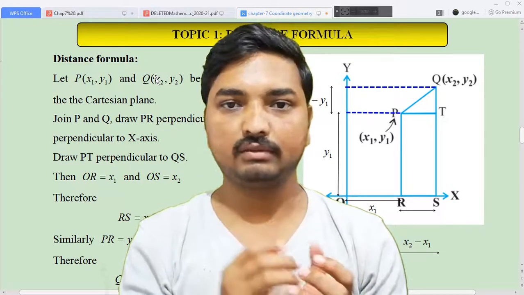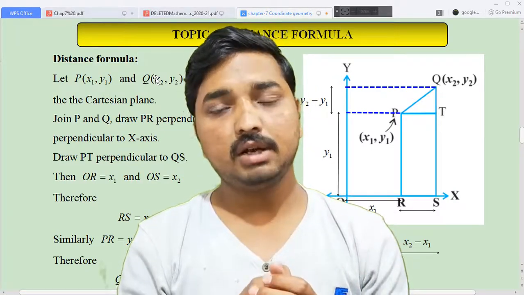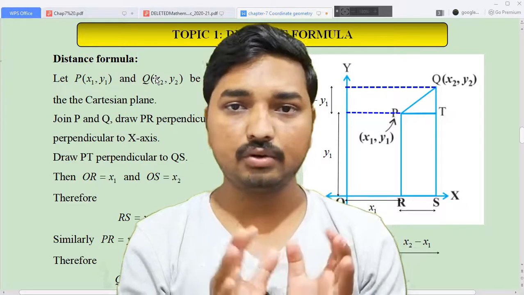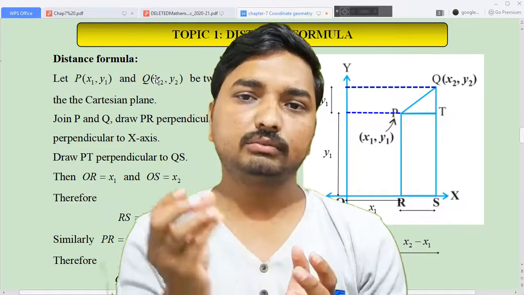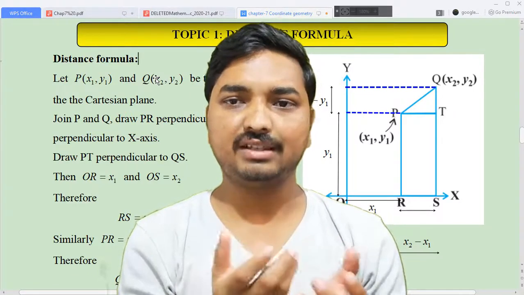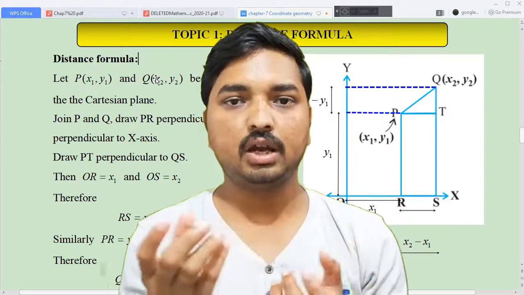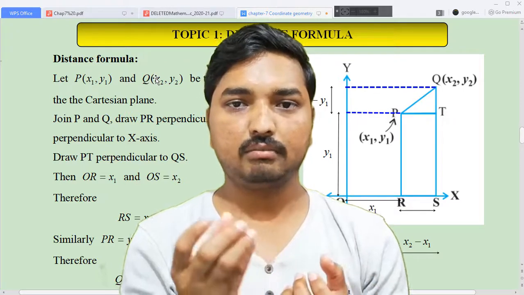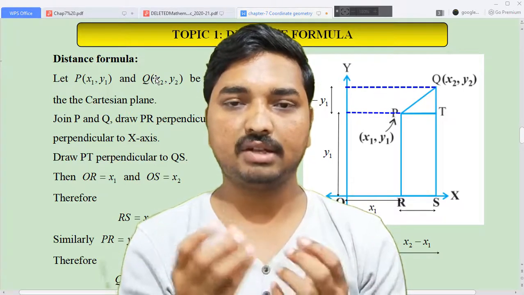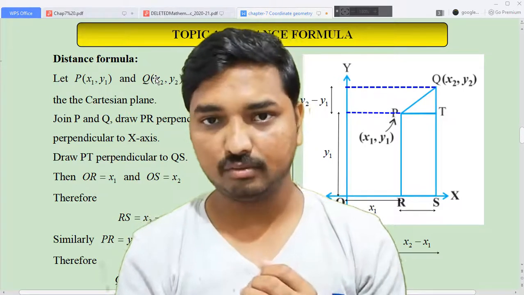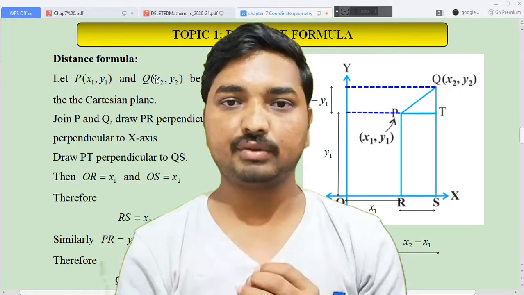But in this chapter we are not going to deal with it like that. Measuring with instruments is very easy, everyone can do that.